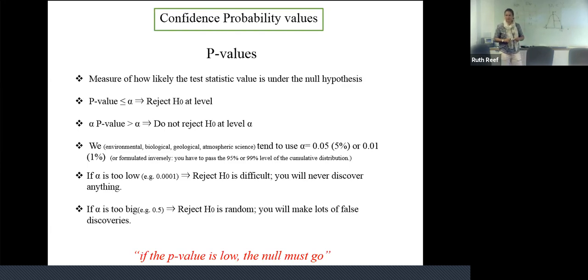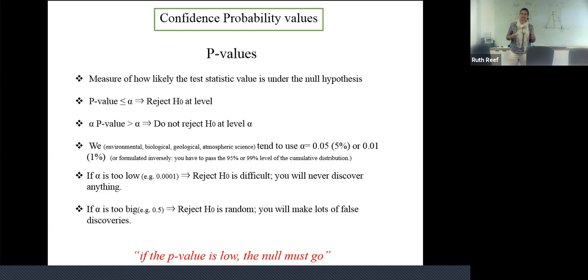Other disciplines use alphas that are slightly different, but everything is kind of subjective, it's the field's convention. So we have a p-value, a probability of 5% or lower.